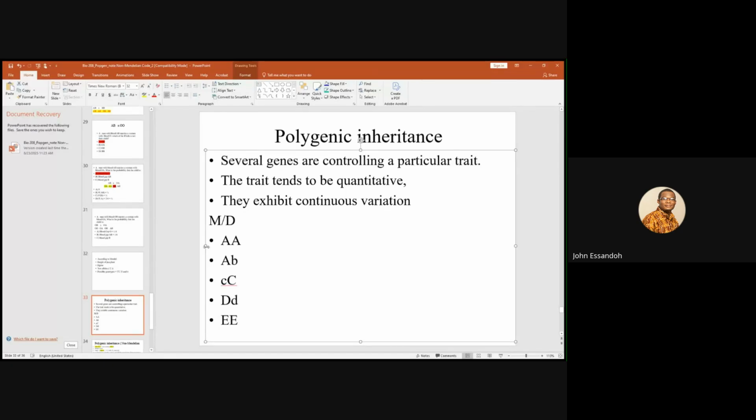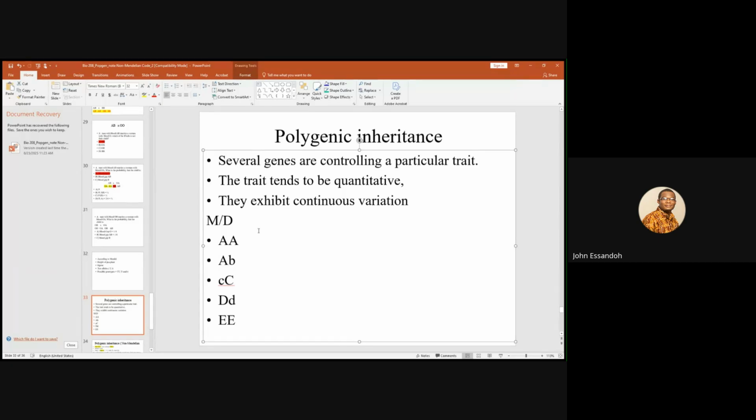So when we talk of continuous variation, what does it mean? It means that you can get intermediates between them. For instance, when it comes to sex or gender, we have male and female.